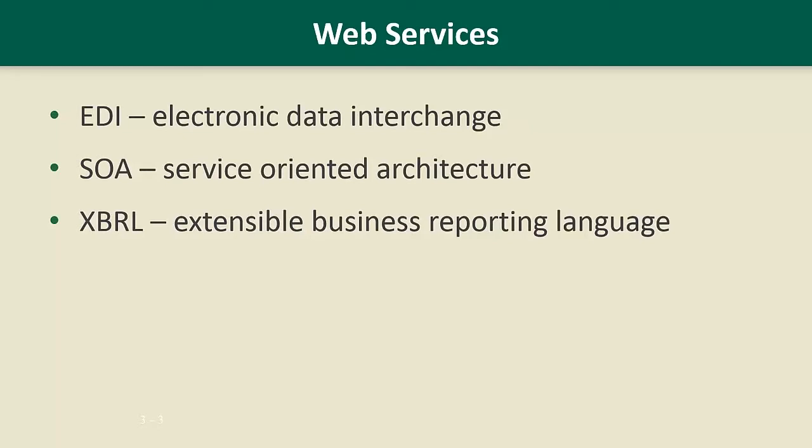SOA, service-oriented architecture. So this is an example of a third party providing for connectivity between companies. And XBRL, Extensible Business Reporting Language, is a language used for financial reports and other types of business reports. And we'll see how these are interconnected as we go along.